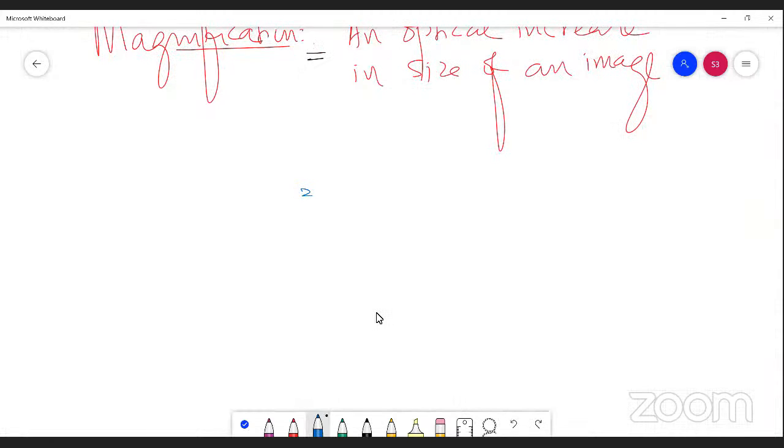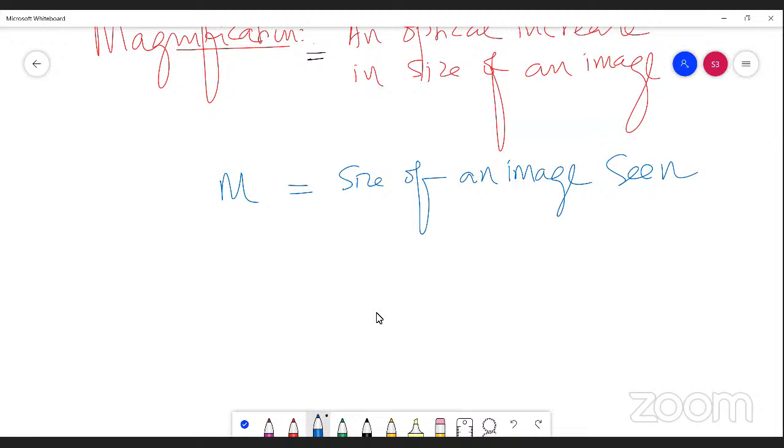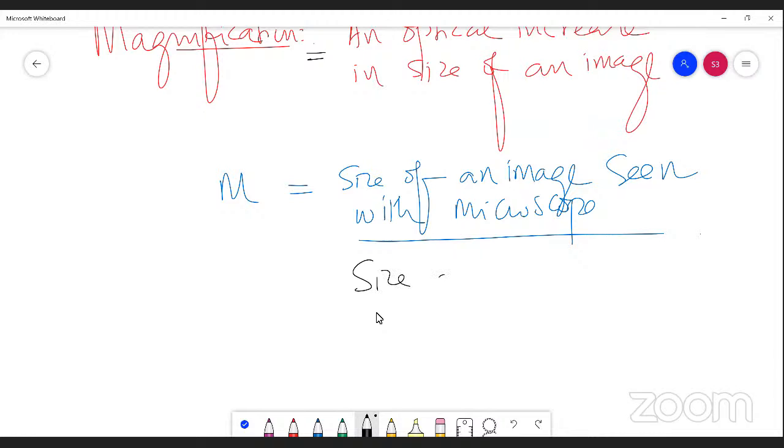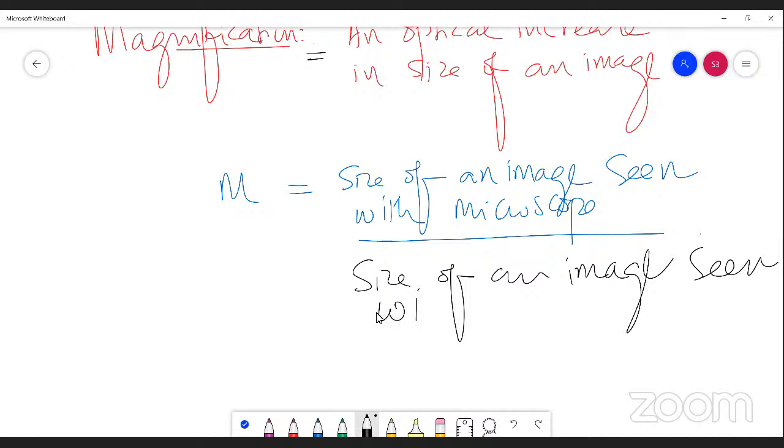Magnification M is equal to the size of an image seen with the microscope divided by the size of an image seen with the naked eye. So that is called magnification.